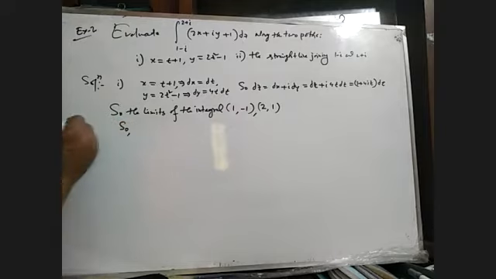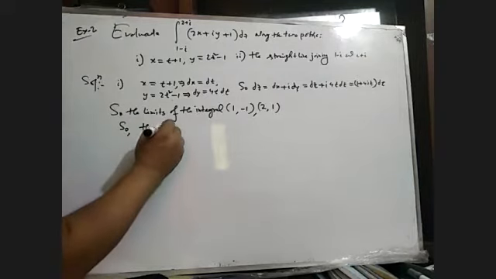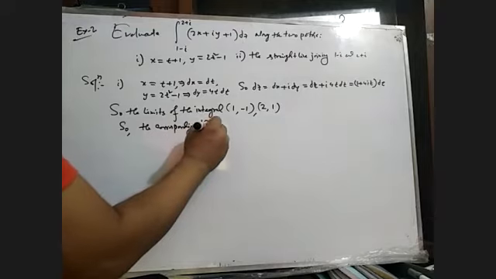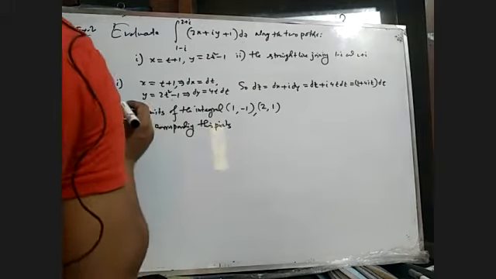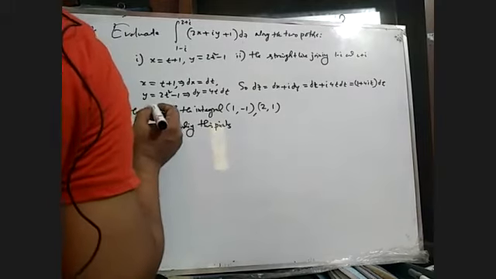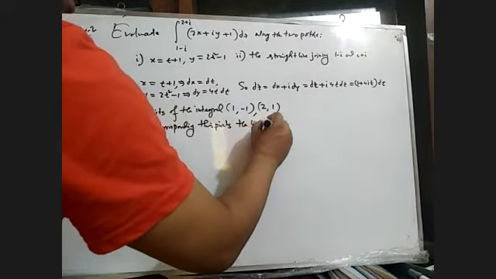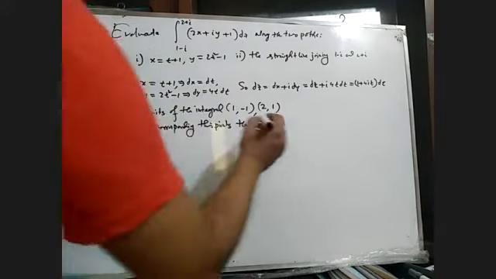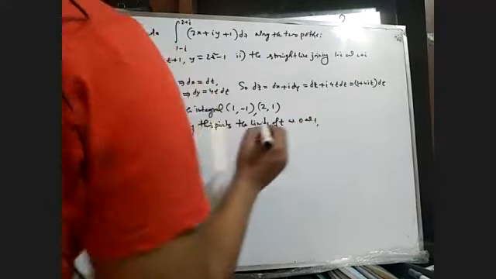So the corresponding these points, the limits of t are 0 and 1.